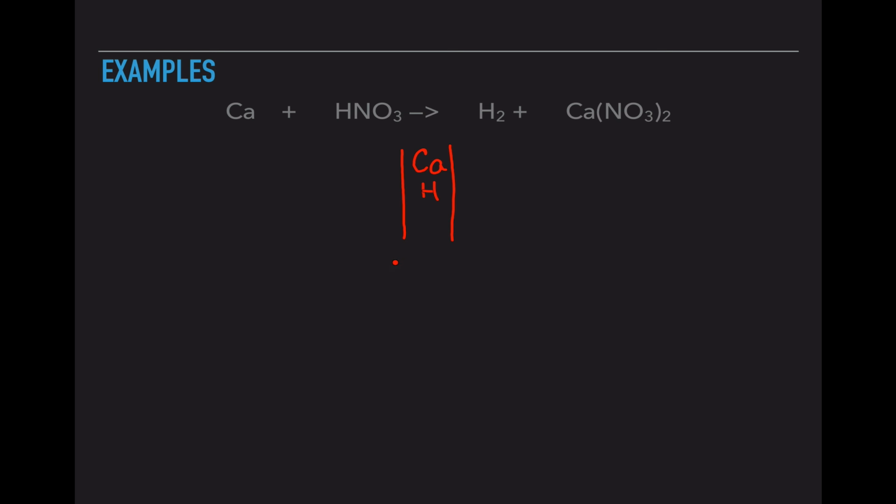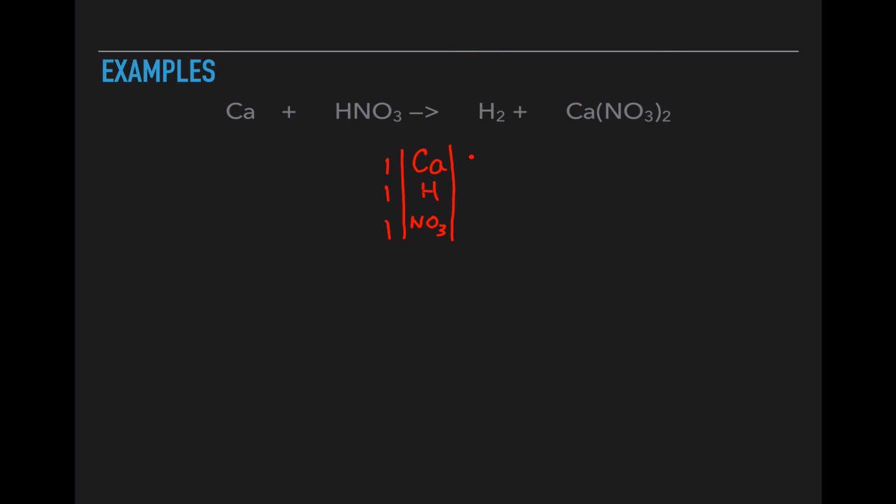Since that is on both sides, I'm going to choose to keep it together and list NO3. You can separate those out if you want to, but it is going to be doing a little bit more work. So on the left, I have 1 calcium, I have 1 hydrogen, and I have 1 total NO3 molecule.